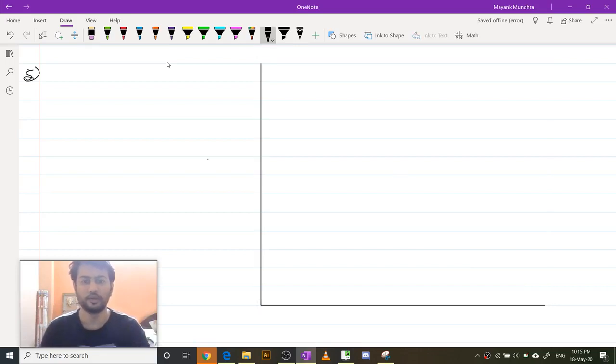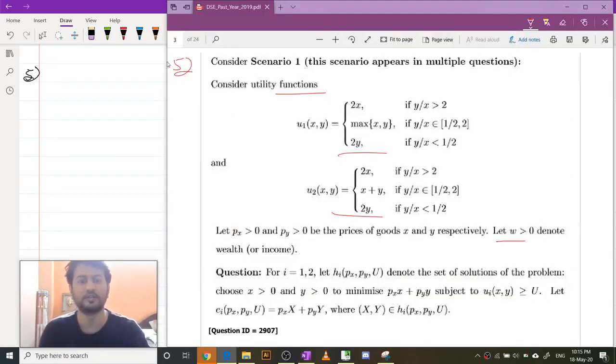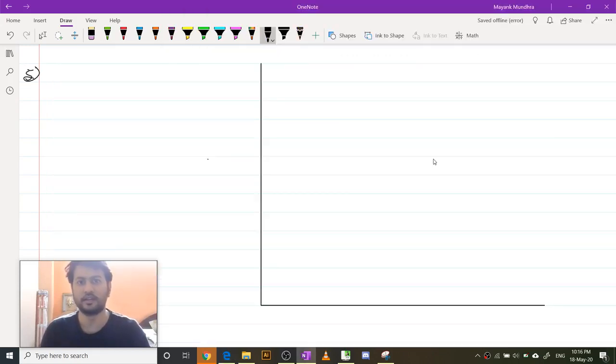I want it to be neat, so I'm going for a little larger. Utility of agent 1 is 2x if y by x is greater than 2. So the dividing regions are y by x greater than 2 and y by x less than half. So I'm going to draw two lines first for my y by x values. The first line is going to be like this.